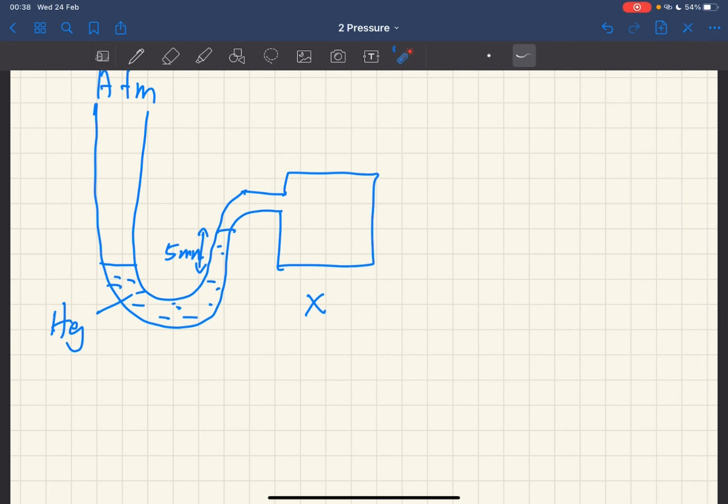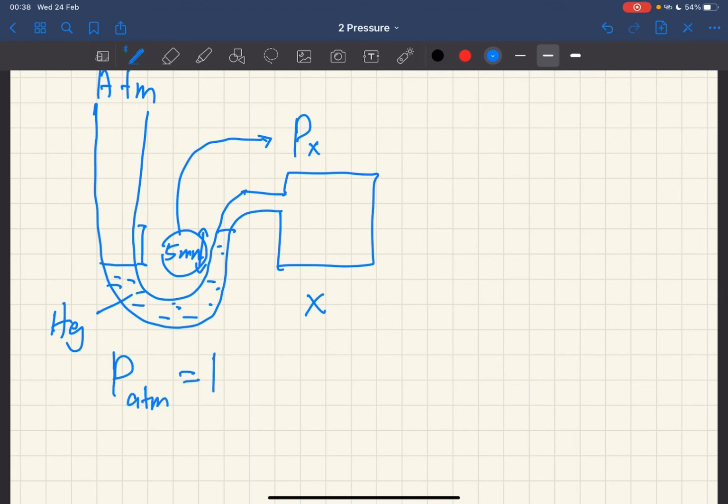And let's say pressure of gas X is Px. So ATM is greater by 5 mm than Px. That means pressure of the ATM equals to pressure of gas X plus 5, right?